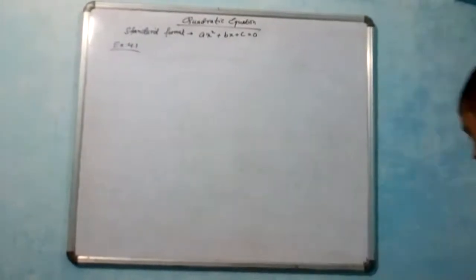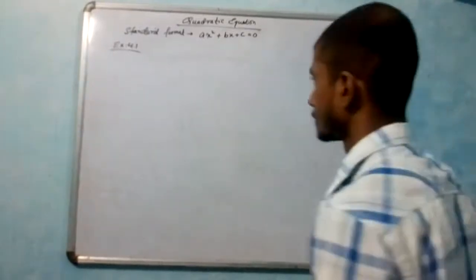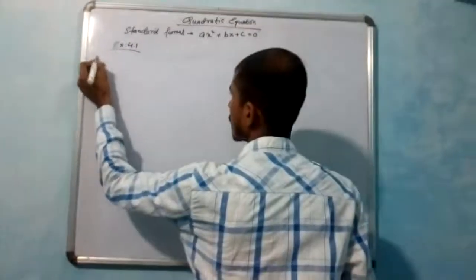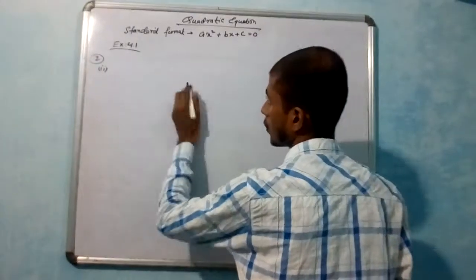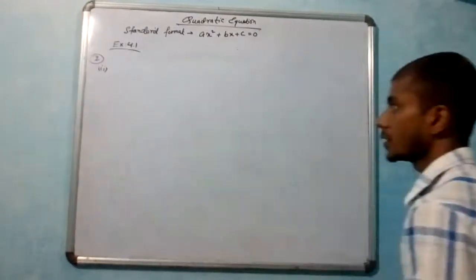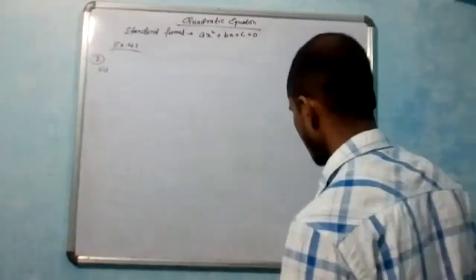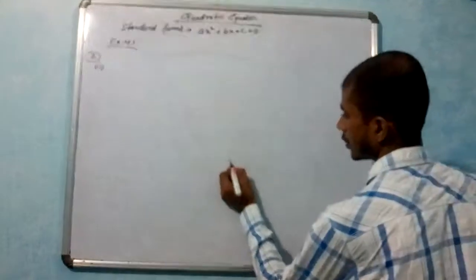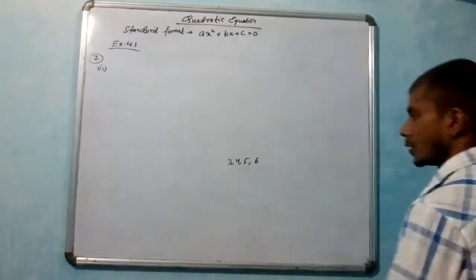Okay, we need to find them. So, the second one: the product of two consecutive, consecutive means just one after another. No alternate. Consecutive means 3, 4, 5, 6. What are these integers?